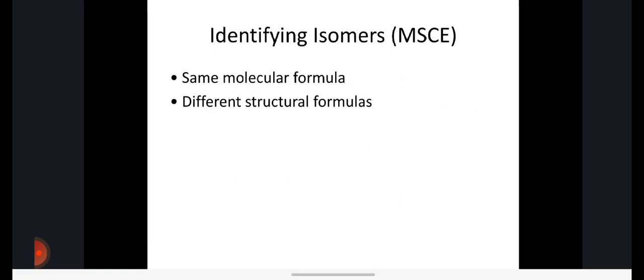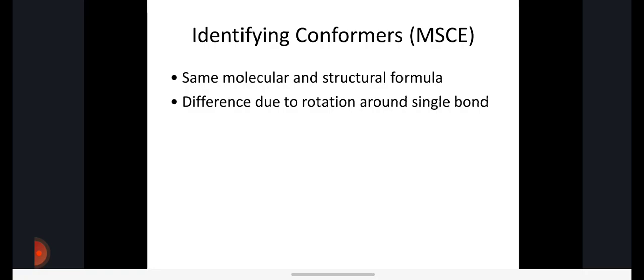How do we identify isomers? Isomers, as we've already said, have the same molecular formula but different structural formulas, whereas conformers have the same molecular as well as structural formulas, but the difference comes in due to rotation around a single carbon-to-carbon bond.